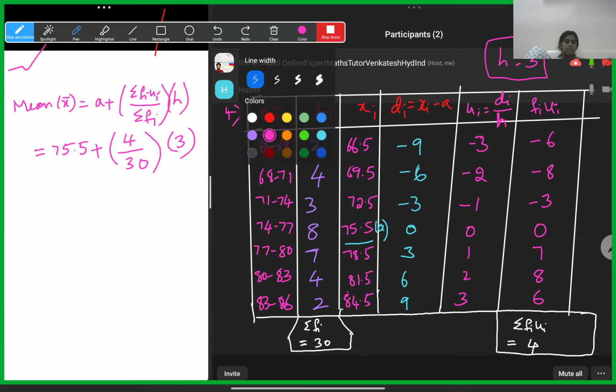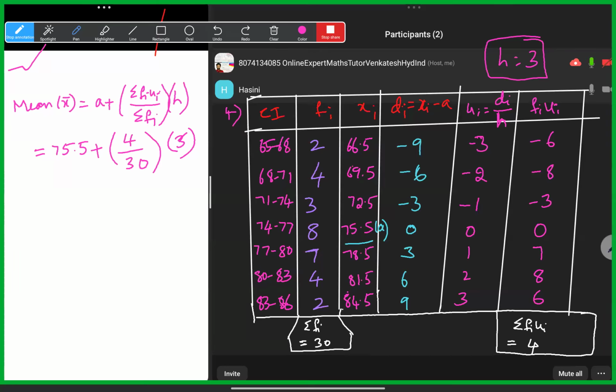What will it become if you cut it? 4 by 10, 3 ones are 3 and 3 tens are 30. So 75.5 plus 4 by 10. So 4 by 10 is how much?